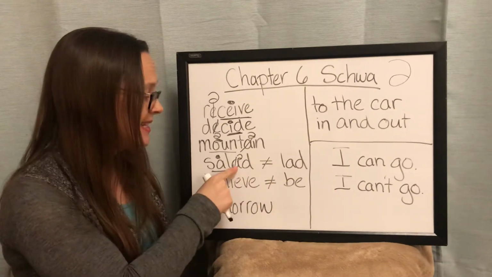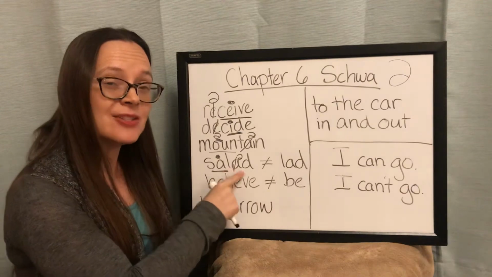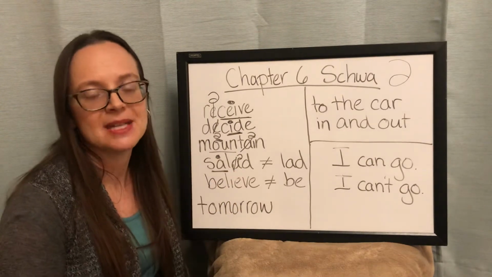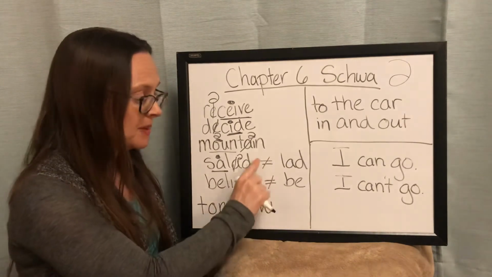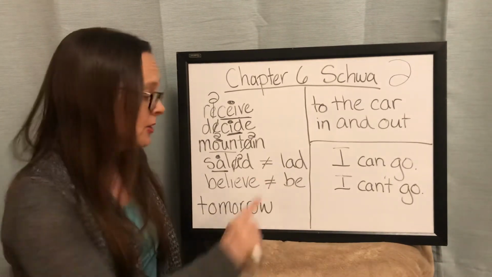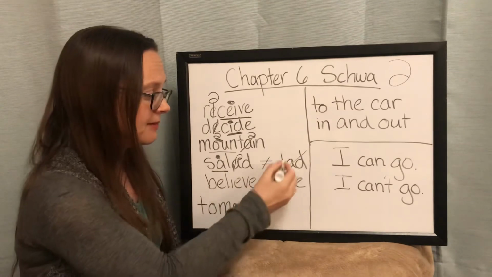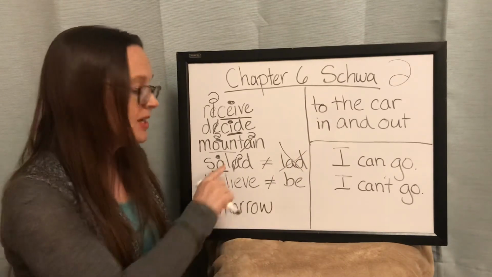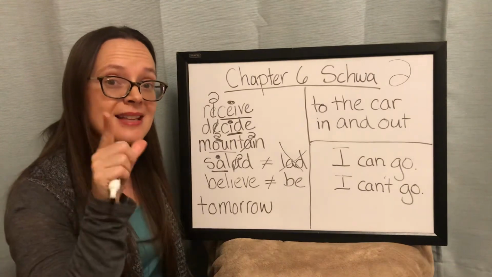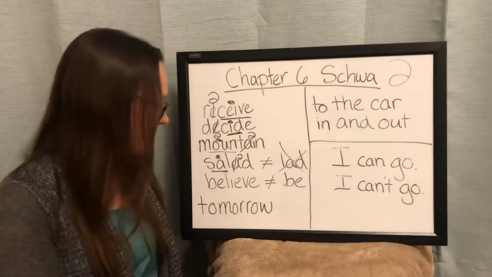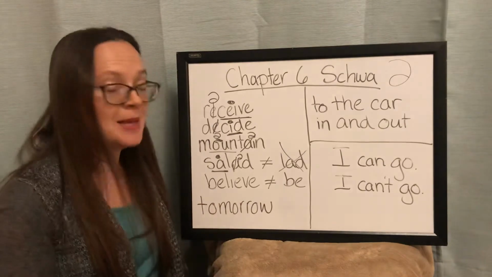But here inside of the word, when it's an unstressed part, it's not "lad." It's "lid." So we want it not to be equal to "lad." You don't want to pronounce it like "lad," right? Pronounce it "lid." Everybody for me? Salad. Yes, nice.